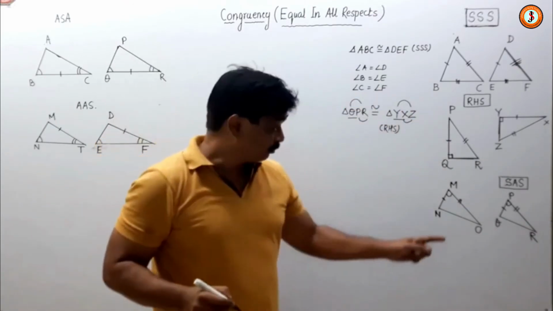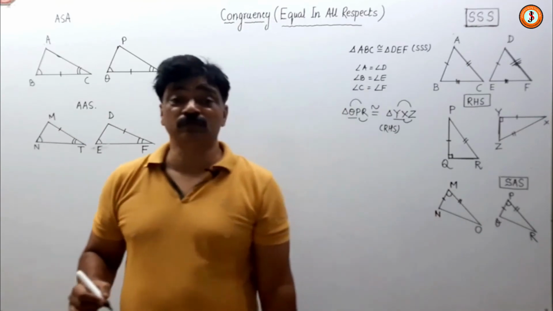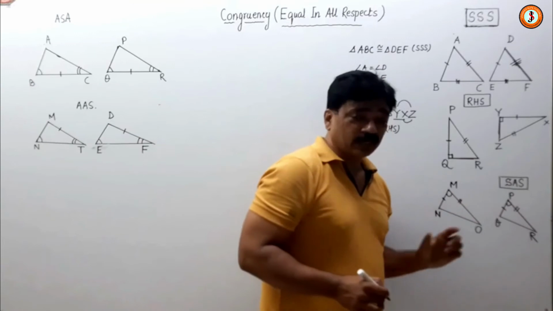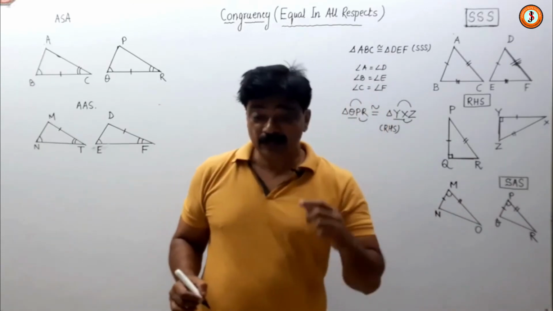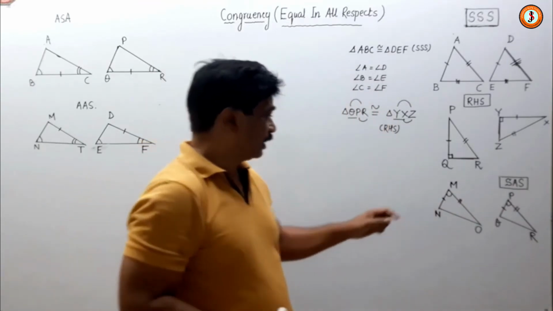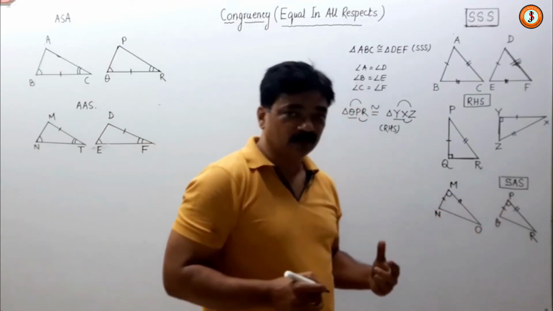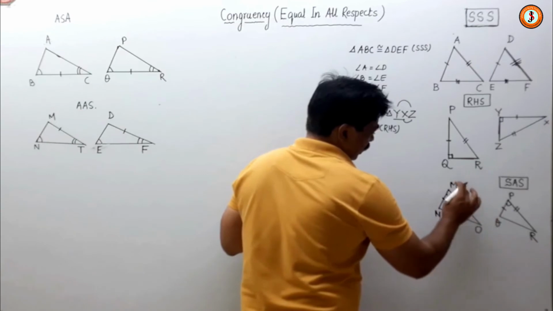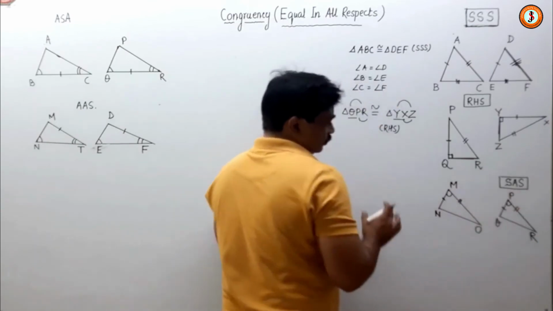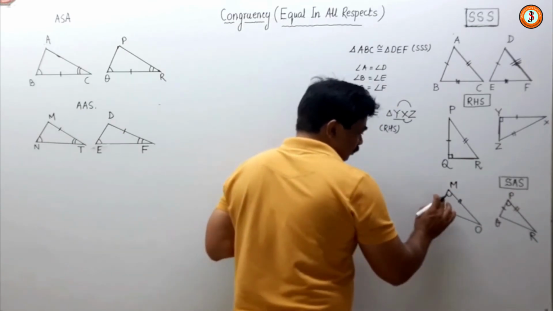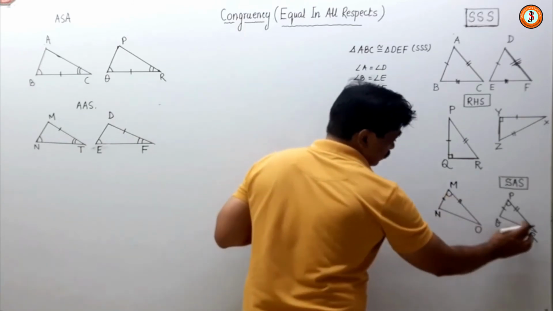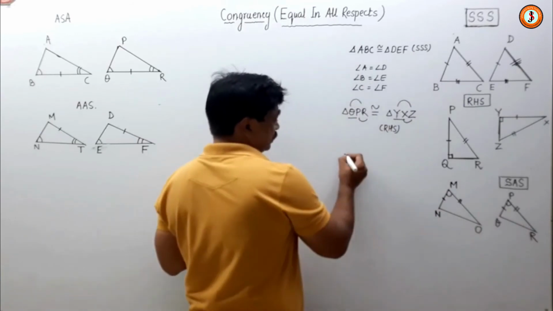In the same way, a very important theorem here. A lot of times we get confused by SSA. If 2 sides of 2 triangles are equal and the included angles are equal, that means the angle between the equal sides is equal. Suppose here MN is equal to PQ and MO is equal to PR. So the sides are equal and the equal sides contain equal angle. Now suppose I say M is equal to R, then it won't be possible that the triangles are congruent.